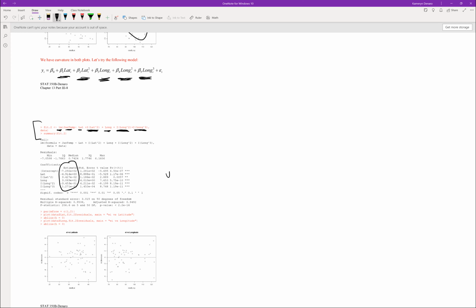So our new model will be y hat equals negative 729, right? We're moving that decimal to the right 2 places.